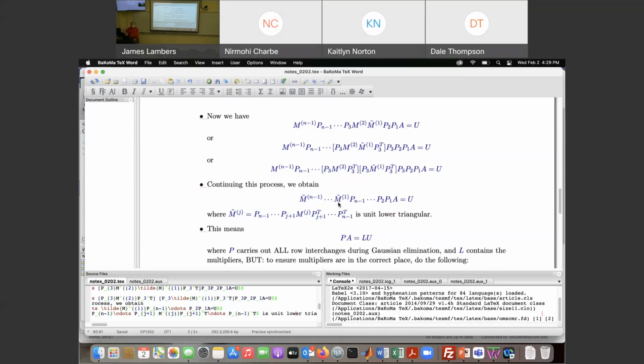So in a practical implementation of Gauss elimination, which you're going to carry out in one of the homework problems, and I'll talk about that later, as you make a row interchange, how do you make sure that the multipliers are stored in the right place? Because, for instance, suppose J equals 1 here.